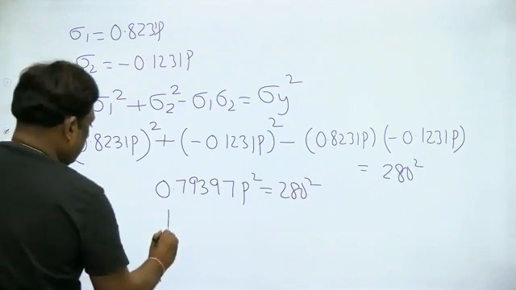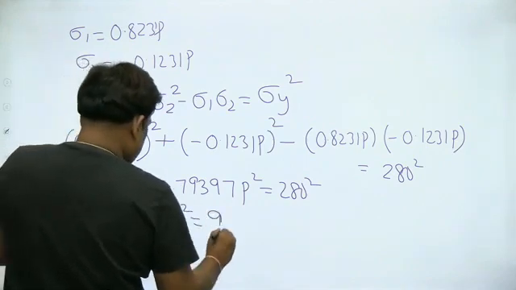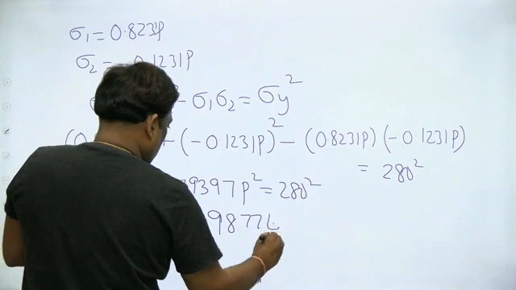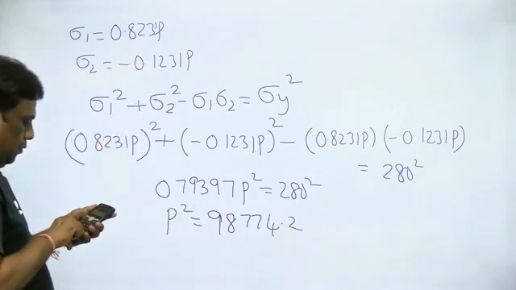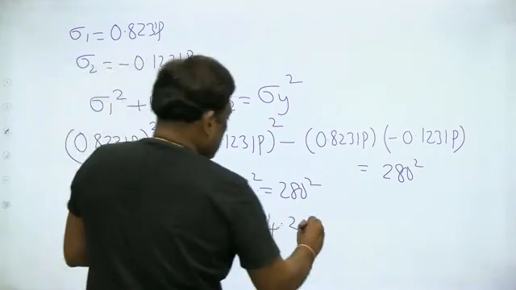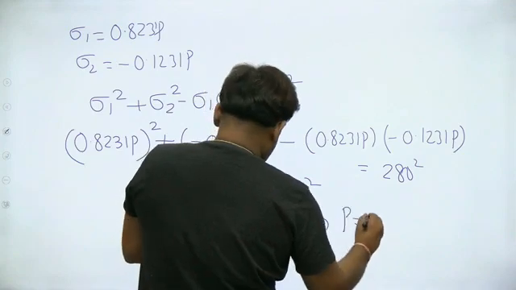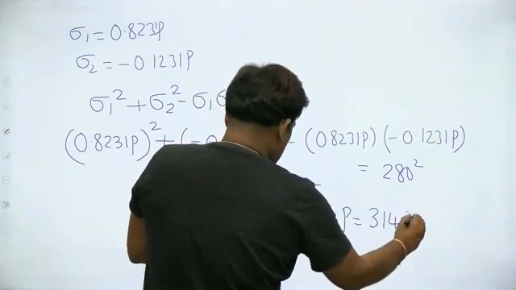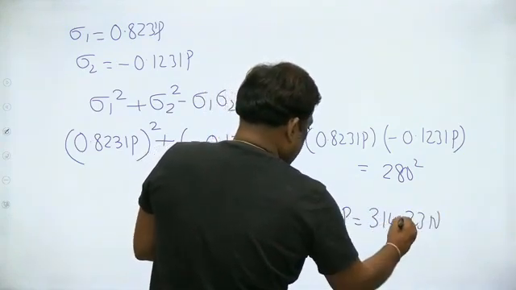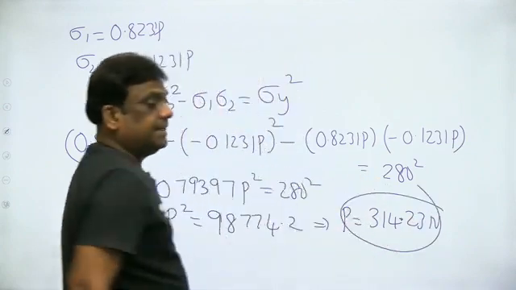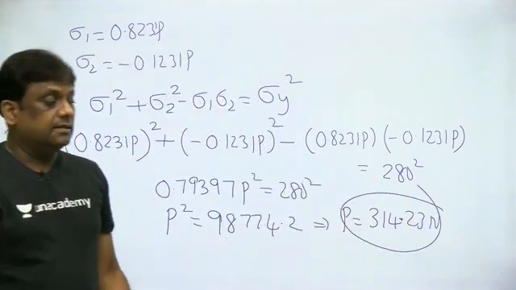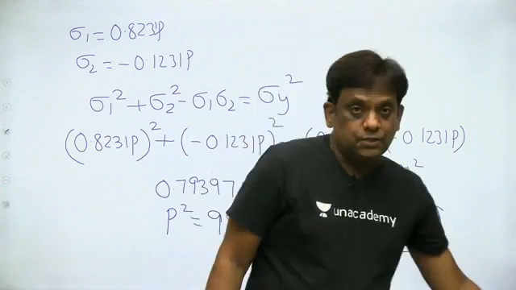So you get the value of p square as 98774.2, and if you want p, you will get p value as 314.23 Newton. This is the maximum load that we can apply so that the material does not fail.